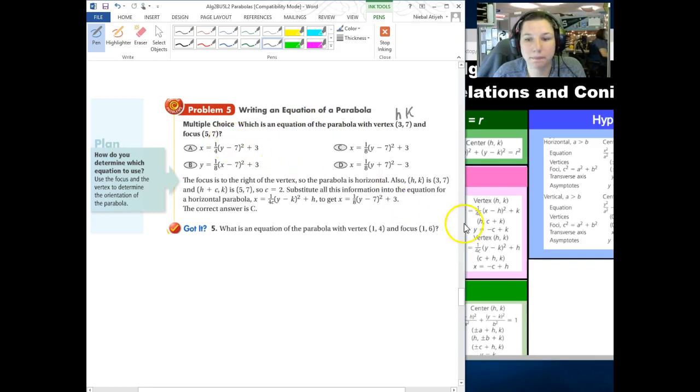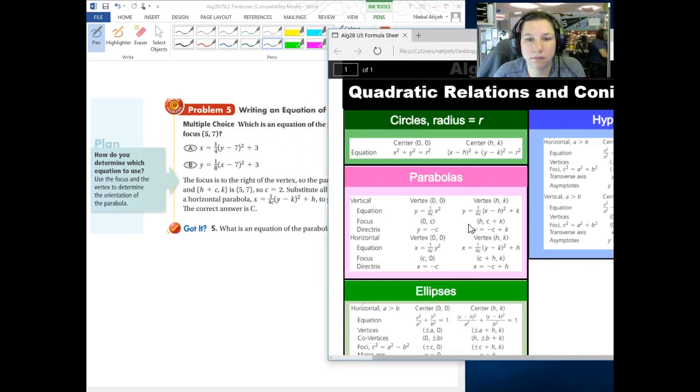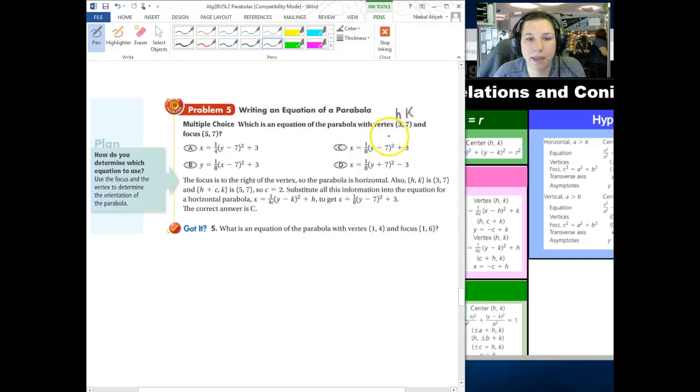So if we're matching these up, our h and k need to go here and here in these positions. Oh, oops, I got these backwards.